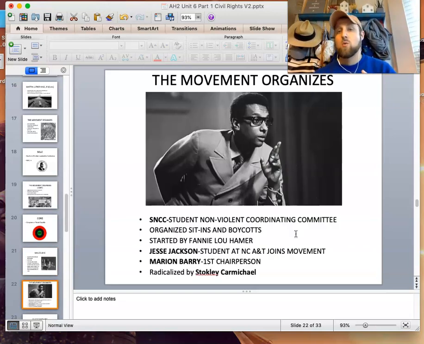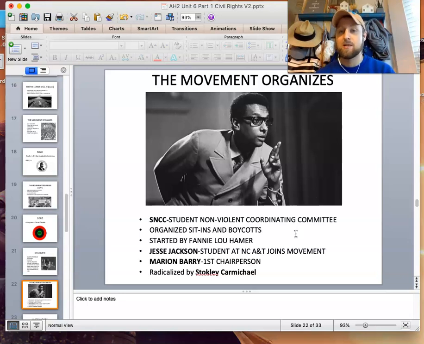Now, what ends up happening is this group becomes radicalized by a young, charismatic leader named Stokely Carmichael. And it leads to people like John Lewis, who were kind of the face of the SNCC, kind of losing control of that organization.